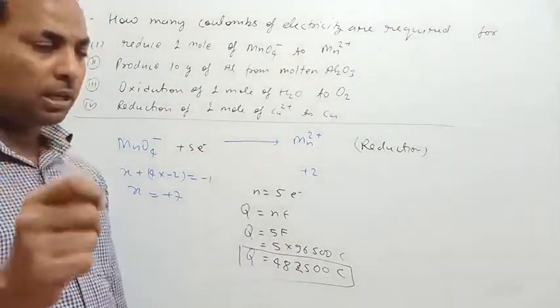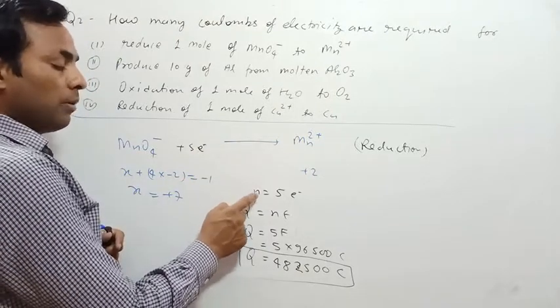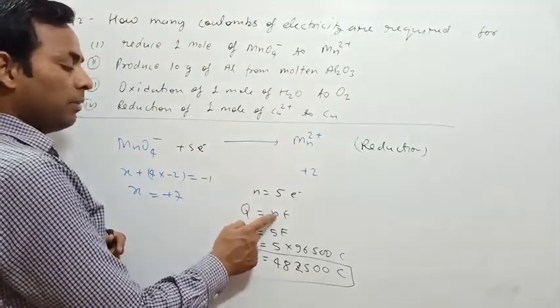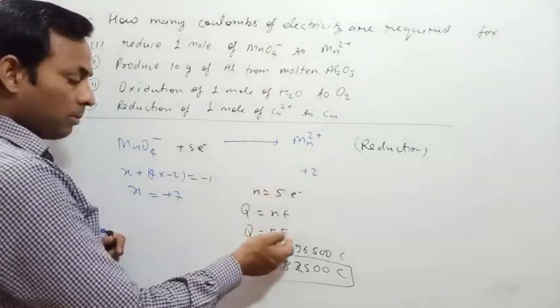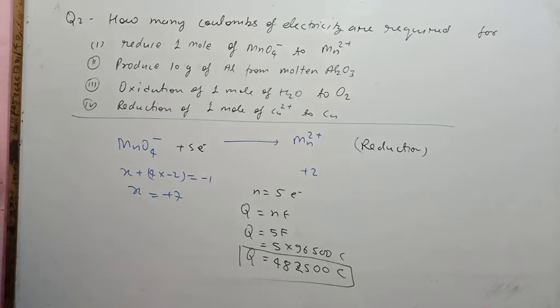That number of electrons is the value of n, and Q equals nF. In place of n put 5, and after multiplying the answer will be this one. Please take a screenshot.